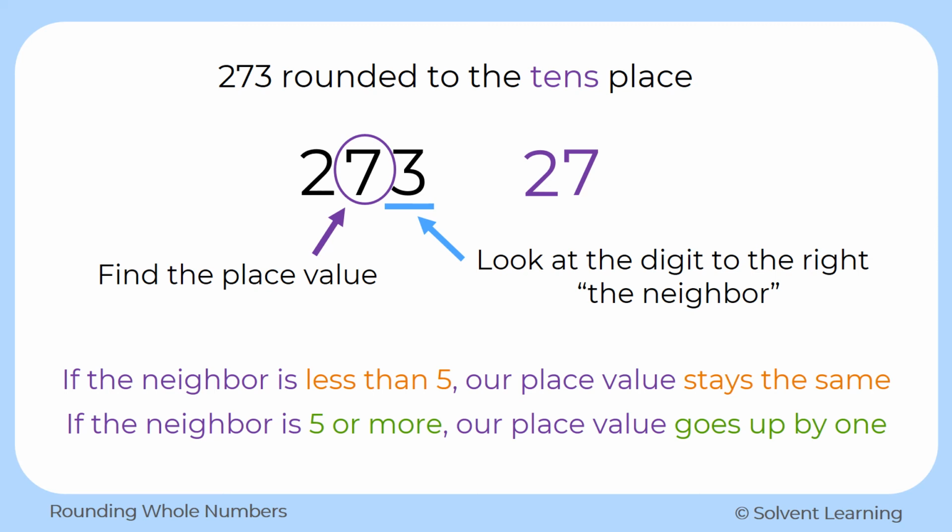And now anything after it becomes 0. So the 3 becomes 0. So now our number rounded to the tens place is 270. When it was rounded to the hundreds place, it was 300. Rounded to the tens place is 270. But both numbers are valid estimates. It just depends on what digit we want to round it to.